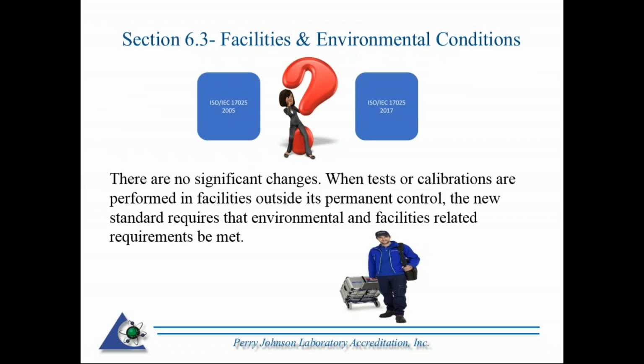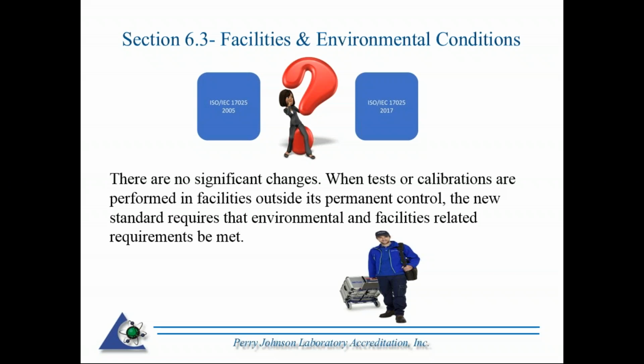So, getting into today's presentation, section 6.3, facilities and environmental conditions. In comparison to 2005, the requirements are pretty much still intact. There are no significant changes. One thing that is magnified here is in those situations where tests or calibrations are performed in facilities outside its permanent control.